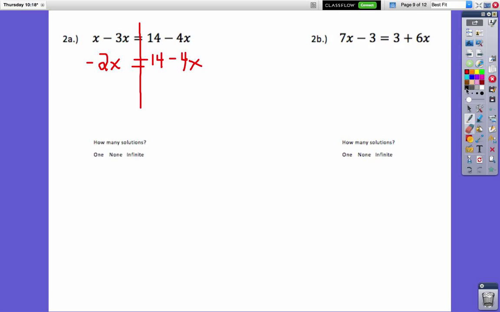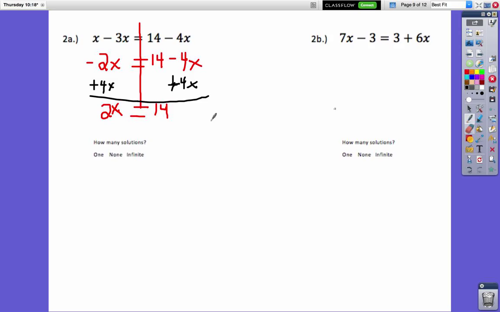Okay, let's get the x on only one side. So I'm going to add 4x here. So then our new equation should be 2x is equal to 14.